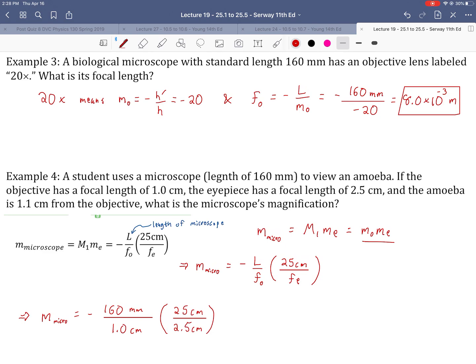So I'll take 160 times 10 to the negative 3, and then I'll divide by 1 times 10 to the negative 2. And then I've got 25 over 2.5, because I don't have to worry about the units there, because those centimeters would directly cancel out. So 25 divided by 2.5. All right, so that gives me 160.